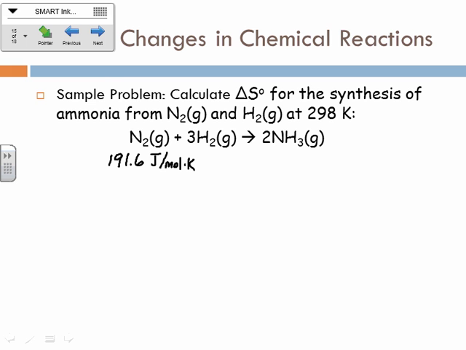Okay, and then the H2 is going to be 130.7. Make sure these are gases. Yeah, they are. And again, that is joules per mole times Kelvin. And then the NH3 gas is 192.5.